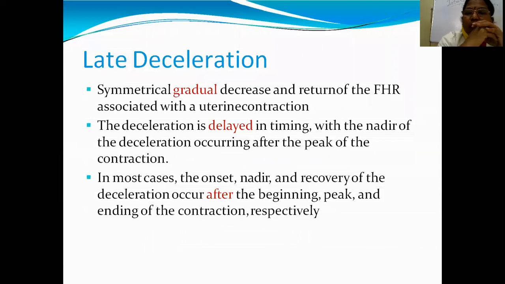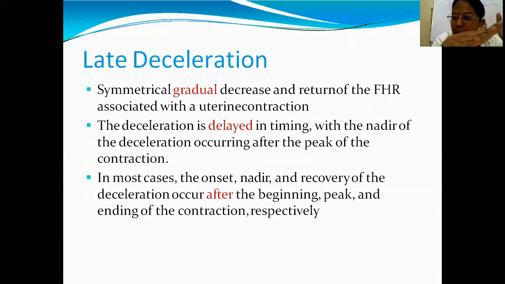What we worry about are the late decelerations. Late decelerations are a symmetrical, gradual decrease in the fetal heart rate, also with a gradual return, associated with uterine contractions. It is delayed in timing, so it doesn't correlate with the onset, peak and recovery of the uterine contraction.